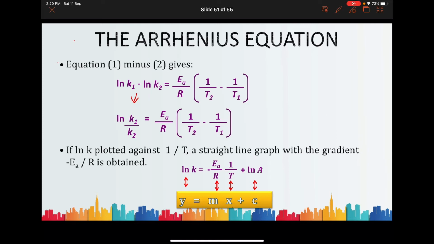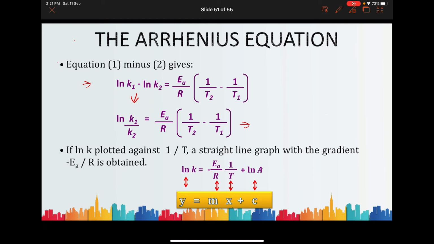Let's say equation 1 minus equation 2, then it will give another equation, which is ln k1 - ln k2 = Ea/R times (1/T2 - 1/T1). Then for ln k1 - ln k2, we can rewrite it as ln(k1/k2). This equation will be used if you compare two temperatures or compare two rate constants.